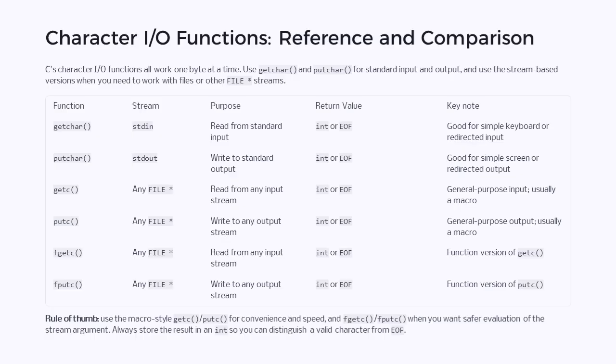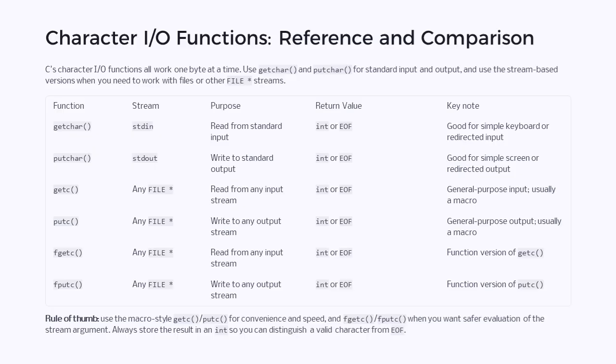Any file; write to any output stream. Return value is int or EOF. Key note: general-purpose output, usually a macro. Next one, fgetc. Stream is any file. Purpose: read from any input stream.